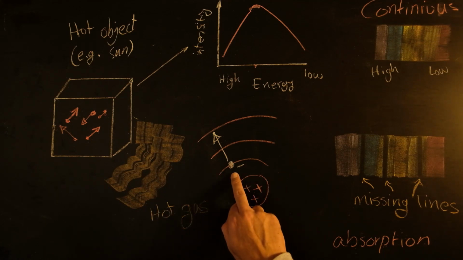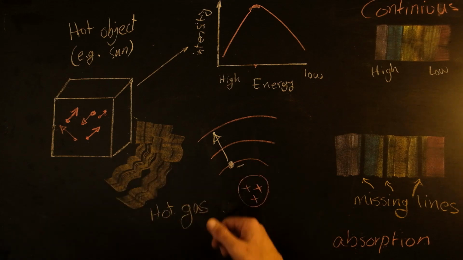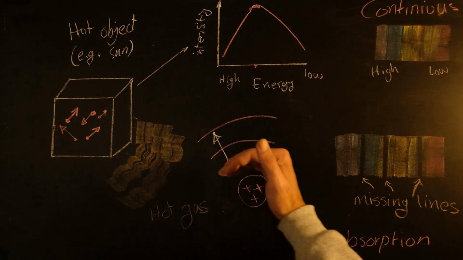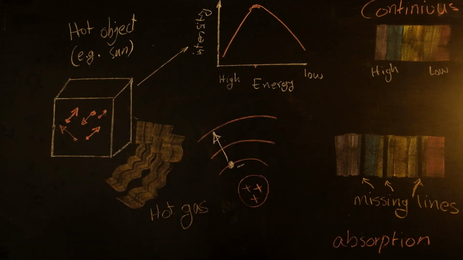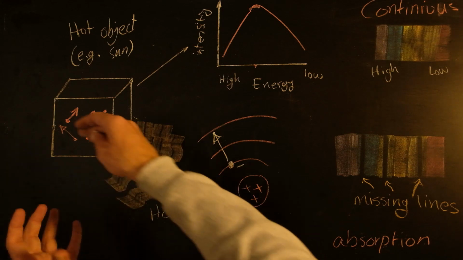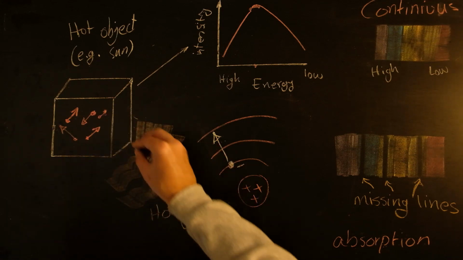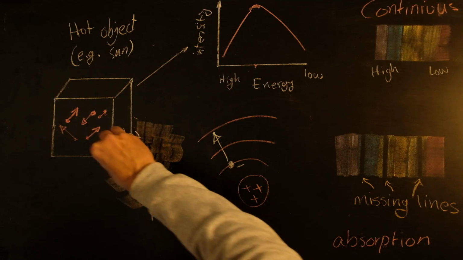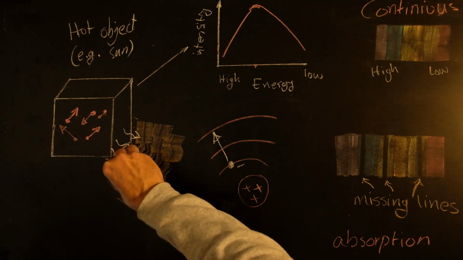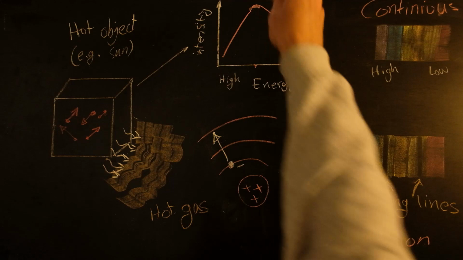But electrons have a specific energy level. This is lower energy. Moving away from the core, we have higher energy. Electrons love to stay at the lowest energy. Okay? Unless you give them the energy. So this hot object produces a lot of photons. And remember, different energies.